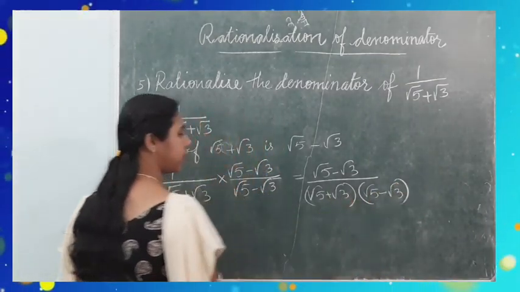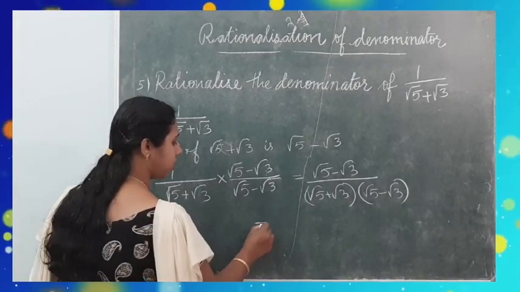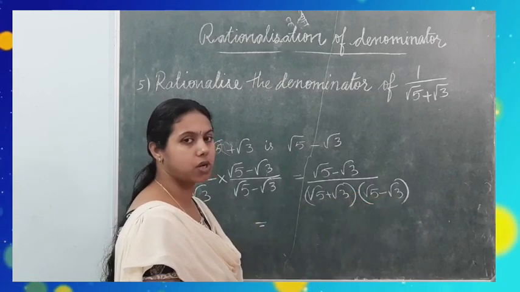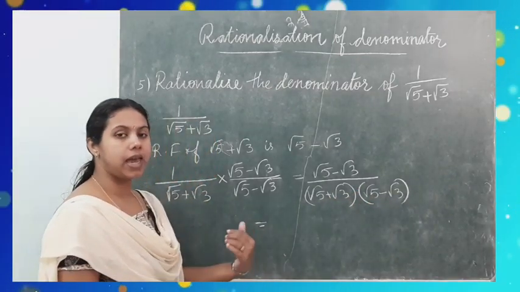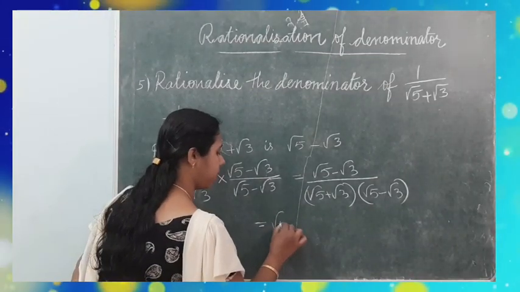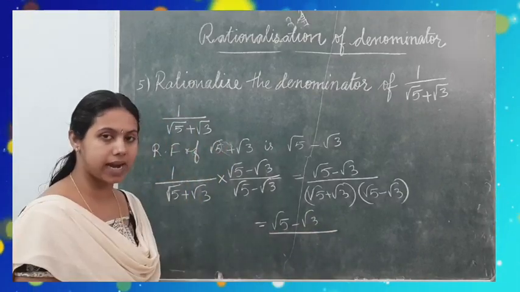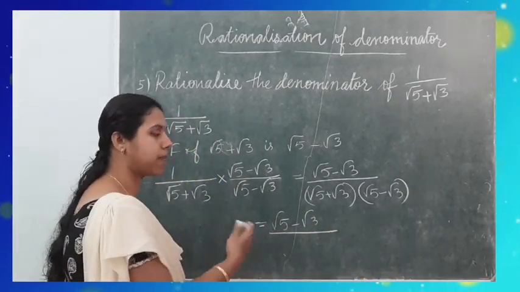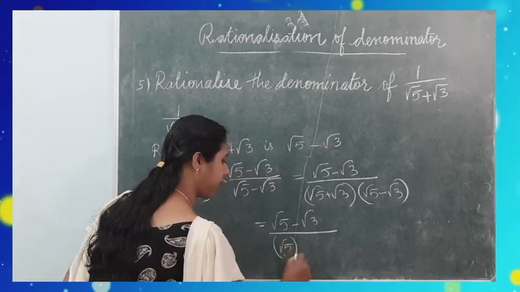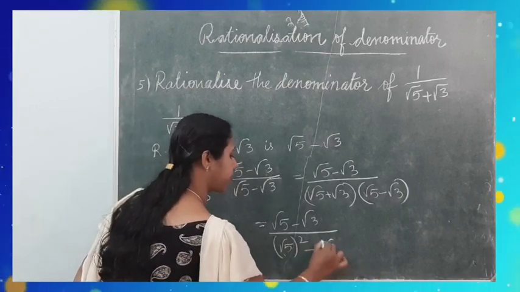Now this is in the form of a plus b into a minus b, that means root a plus root b into root a minus root b is equal to a minus b. So root 5 minus root 3 divided by, directly you can use the identity, or you can write a plus b into a minus b form. So root 5 whole square, a square minus b square.